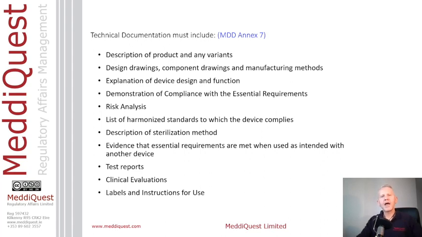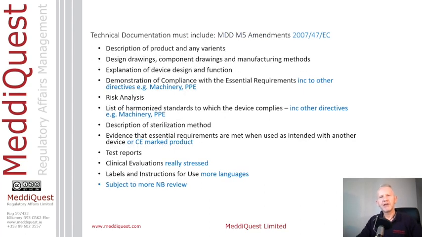Now, this got extended in 2010. We had an amending directive, 2007/47/EC, which came into effect in 2010, and it introduced certain other things that needed to be included in the technical documentation. They're shown in blue on this slide.